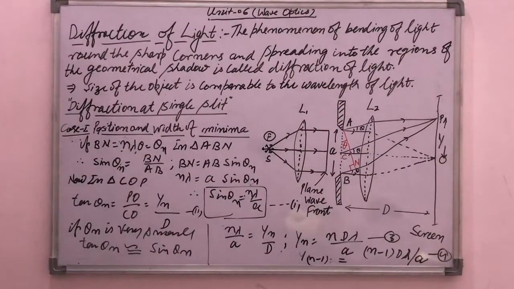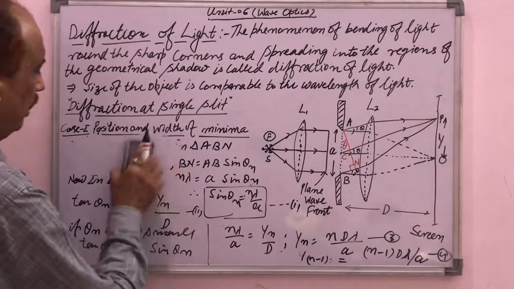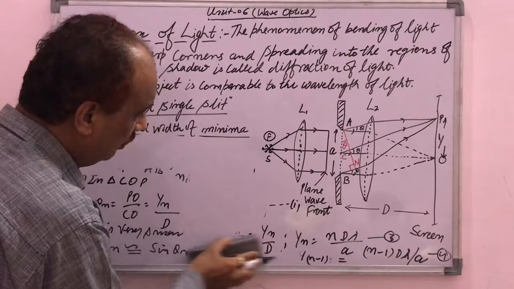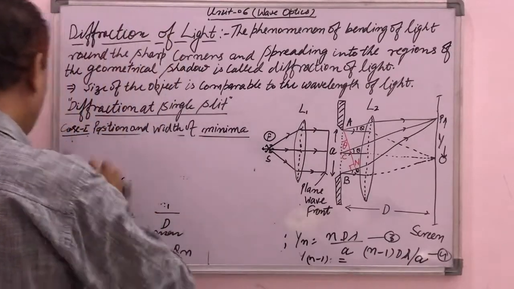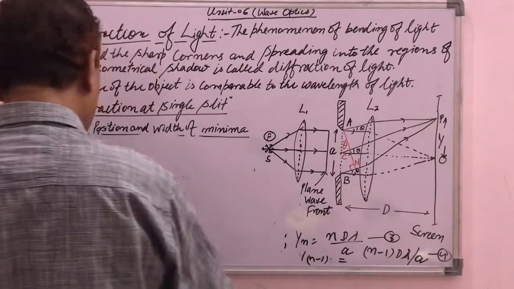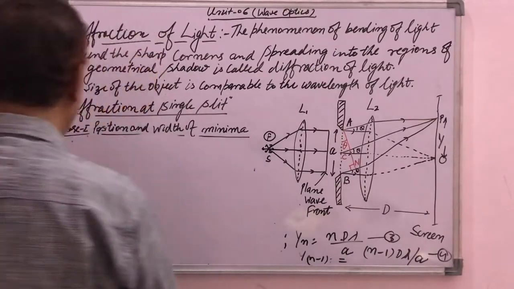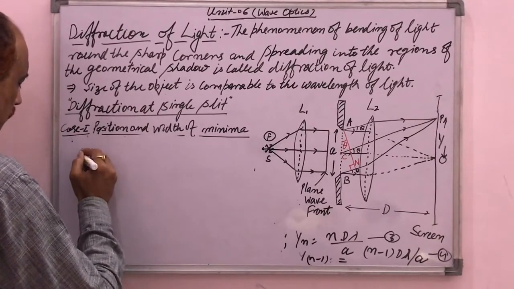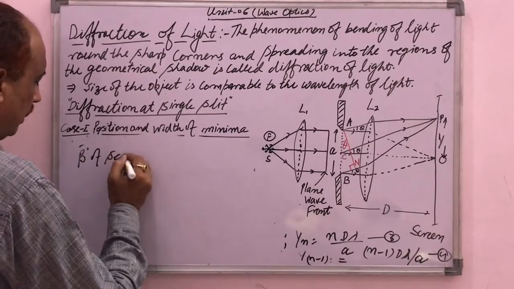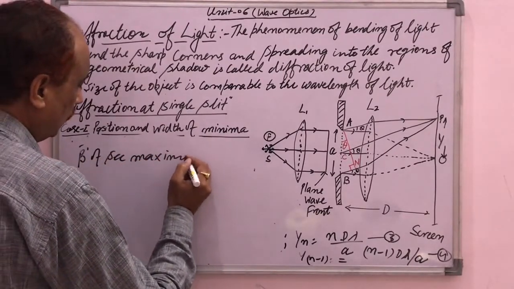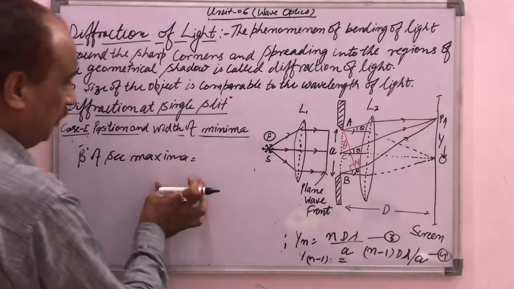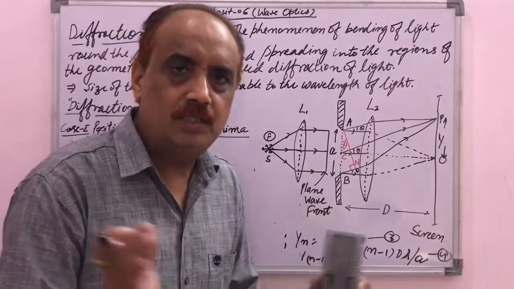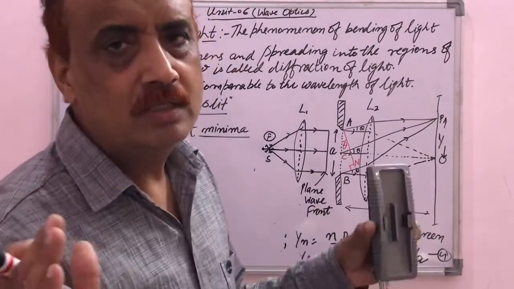And these are equation number 3 and equation number 4. From equations 3 and 4, we have to find out the width of the secondary maxima. So these are the two important equations to find out the width of the secondary maxima. Therefore the width of the secondary maxima, that is beta, will be equal to the spacing between two consecutive dark bands, meaning two consecutive secondary minima.